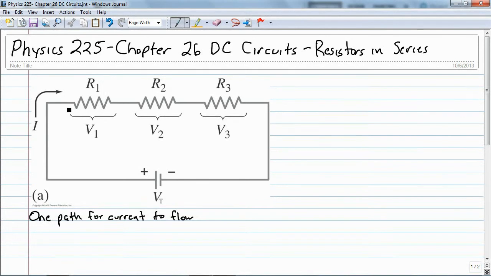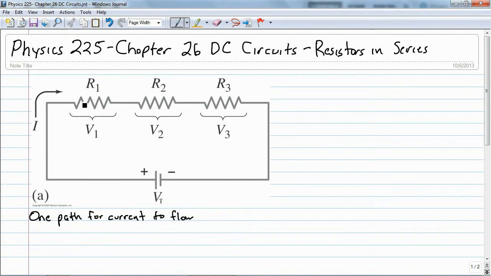And since there's one path, all the resistors are connected in line, and the open ends from resistor 1 and resistor 3 are connected to our voltage source V sub T.